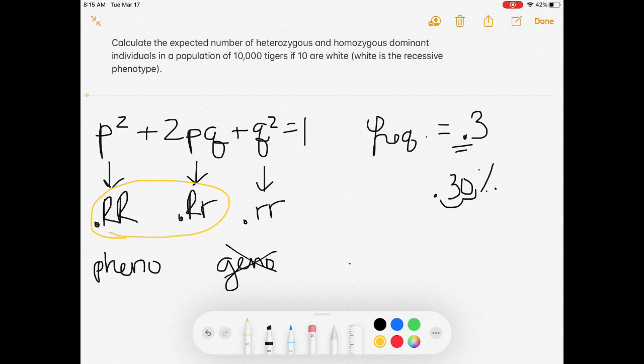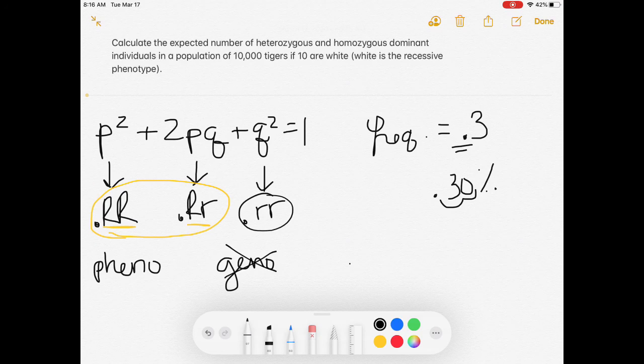And if we look at the problem on the screen, calculate the expected number of heterozygous and homozygous dominant individuals in a population of 10,000 tigers if 10 are white, well, that means 9,990 of those tigers are orange, and they're either homozygous dominant or heterozygous. We don't know, kind of like when we used to do those test cross problems. What we do know is that 10 of those tigers are white.